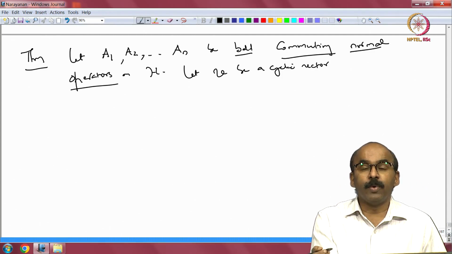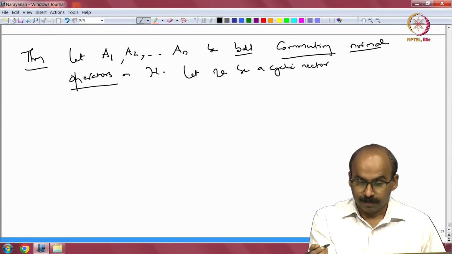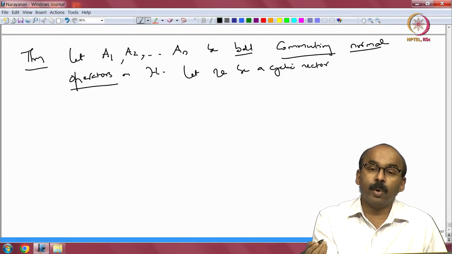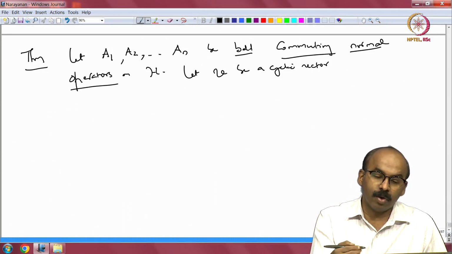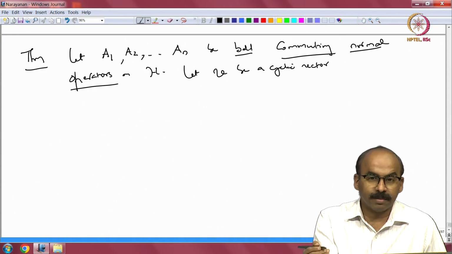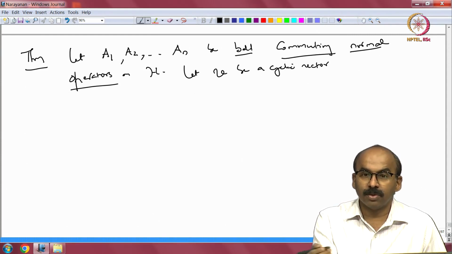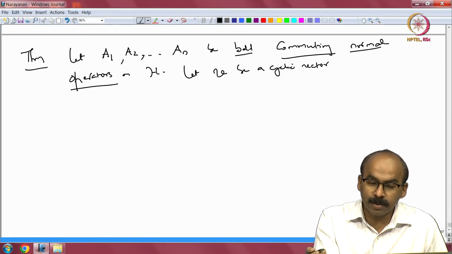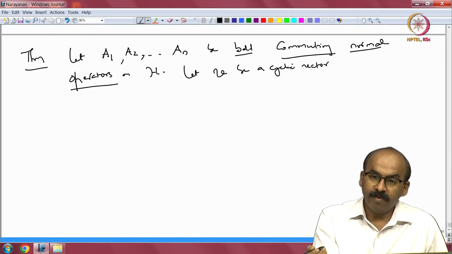So, A1 commutes with A2 star, A1 will commute with any polynomial in A2 and A2 star and similarly the other way. So, writing down the polynomial in Aj and Aj star makes sense because they all commute with each other. So, there is no problem and you can hit V with all these polynomials in Aj and Aj star and take the span closure, that is the smallest subspace containing V invariant under both Aj and Aj star, right.